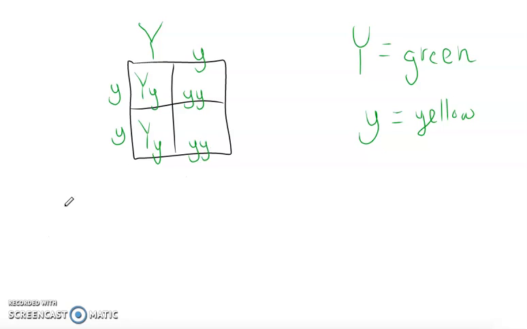Okay? So we can see the ratio here. What is the phenotypic ratio here? The phenotypic ratio is actually a 1-to-1 ratio, because what's the phenotype of these heterozygous genotypes?